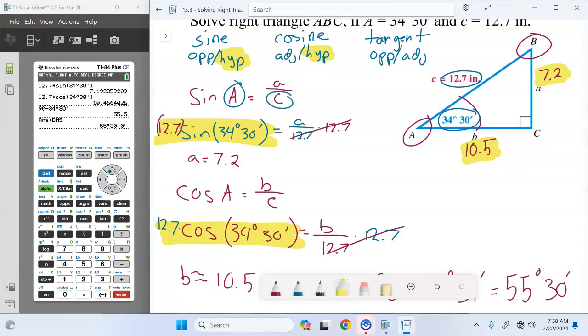So when you can, use only the values given in the problem to solve for everything else. That's not always possible, and sometimes we have to be really careful with our precision, but when at all possible, use the exact values given to solve for any of the missing information.